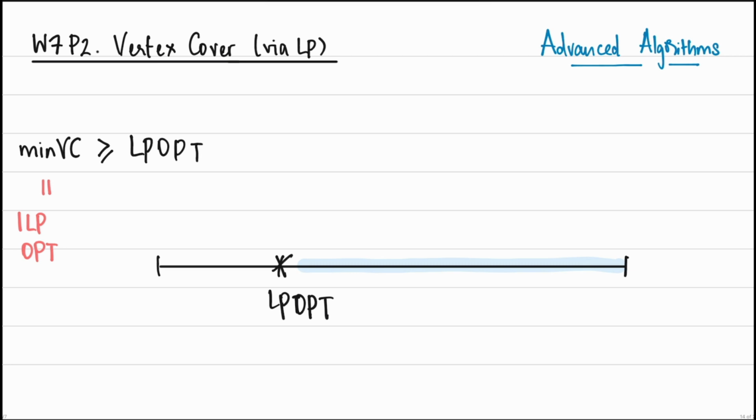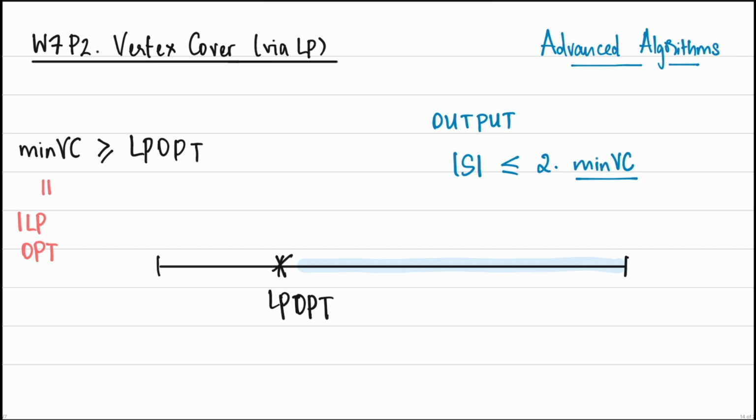Now, what do we want to show? Well, I want to show that the output of the algorithm, so that's the size of S, is at most twice the value of the minimum vertex cover. So I'm going to use min VC to denote the size of an optimal vertex cover. That's what I meant earlier as well.